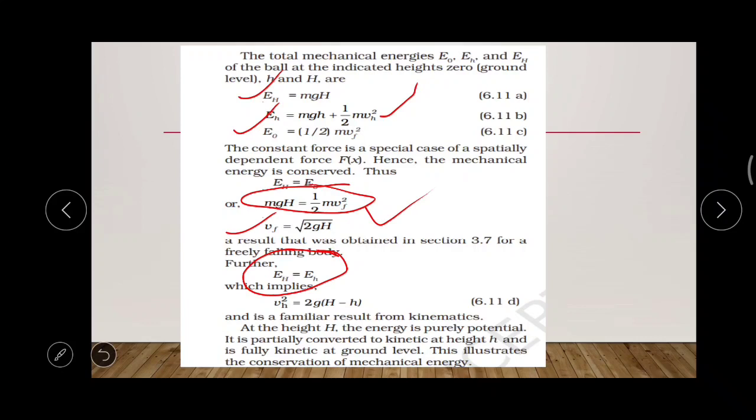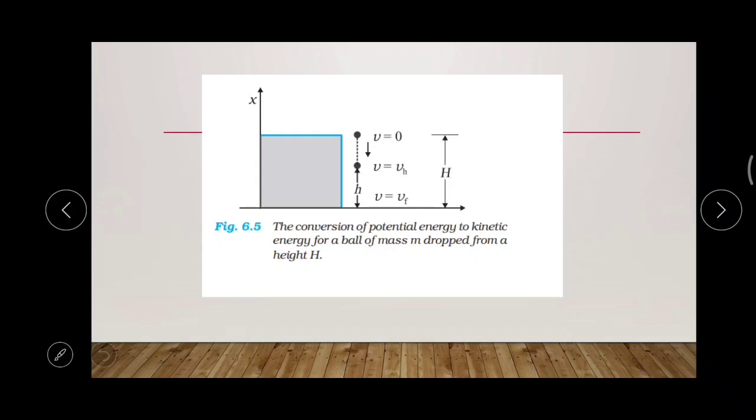So applying this rule, we can say vh square at a height of small h is equal to 2 into g into capital H minus h. Not the height, the displacement occurred. Capital H minus h is actually this distance, the displacement occurred by the time it reaches a height of small h.